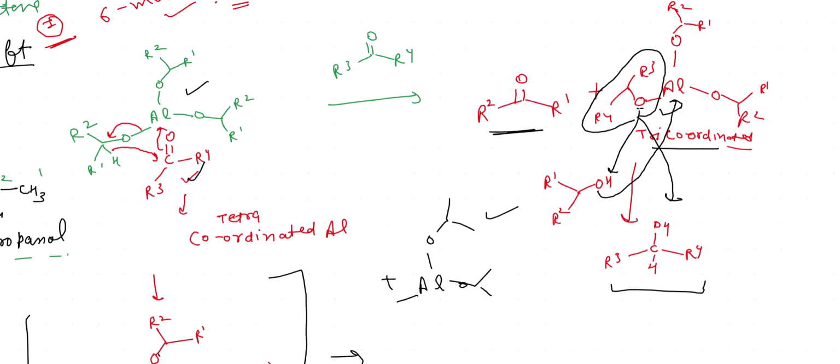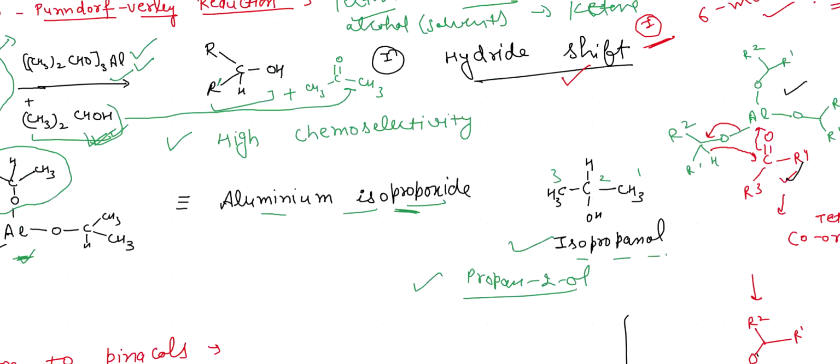So what we see is the ketone is converted into alcohol and the alcohol is converted into the ketone. By varying the R groups, you can choose any kind of reactant and obtain the particular product.